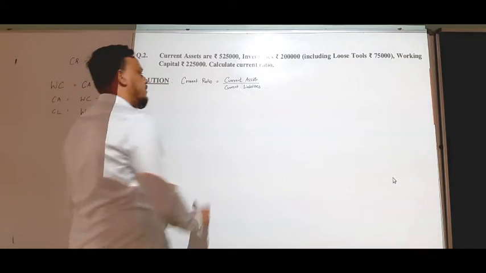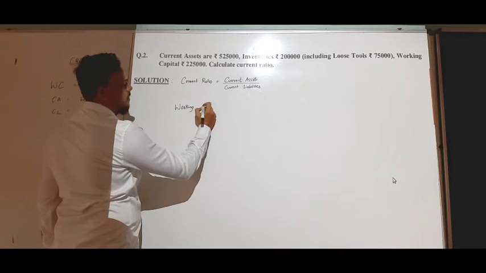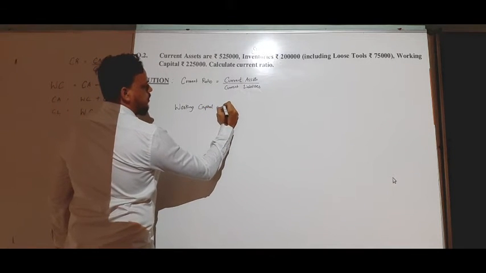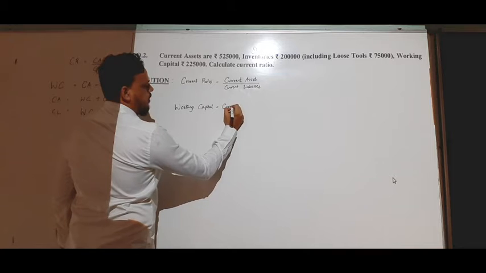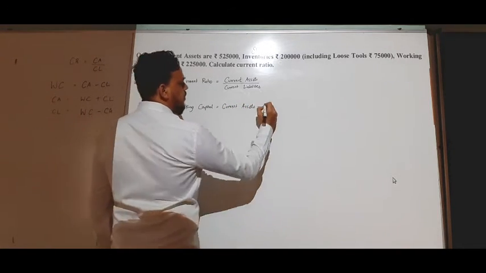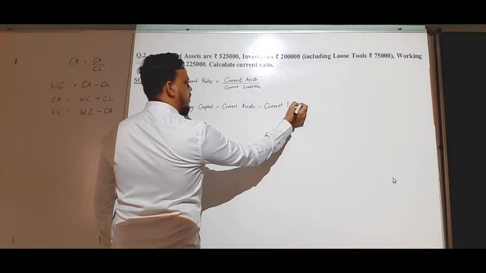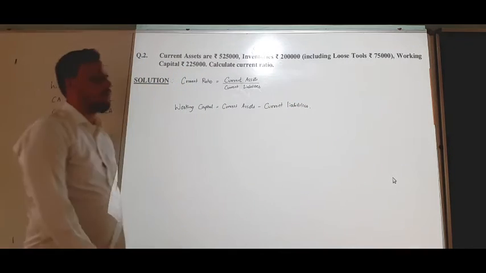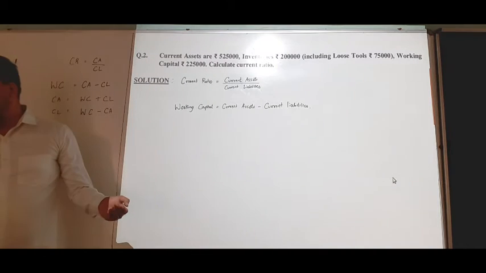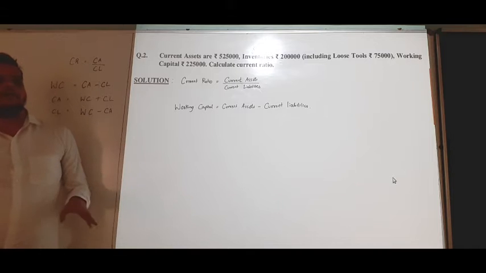So in this we will start with working capital is equal to current assets minus current liabilities. In this we can go with the further concept, as we have current assets here and current liabilities also in there.